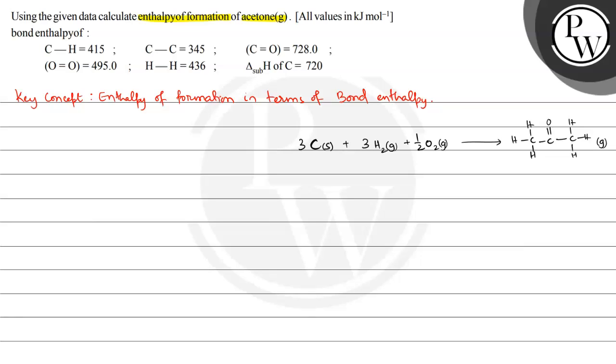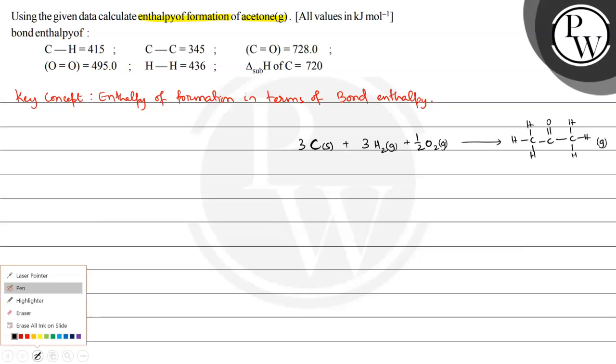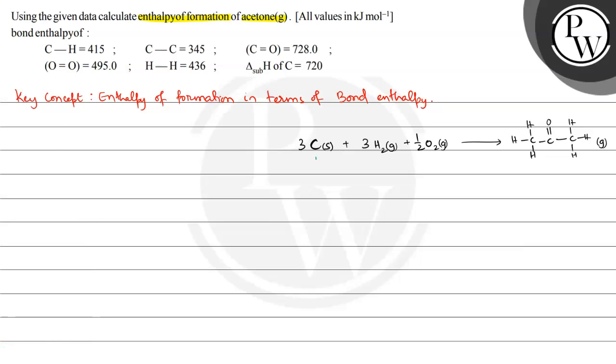Now, if we break this down into simple elementary steps, then carbon first goes to carbon gas, then hydrogen goes to H atom gas plus oxygen molecule gets converted to oxygen atom gas, and these three combine and lose some energy, which is the net bond energy of this molecule, and after that the acetone molecule forms.